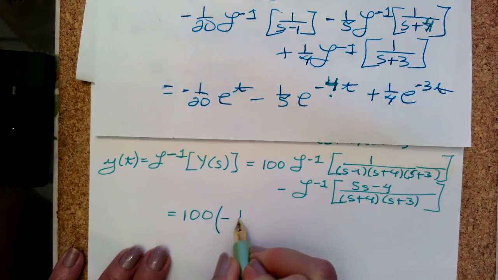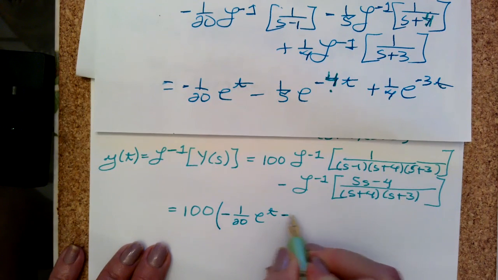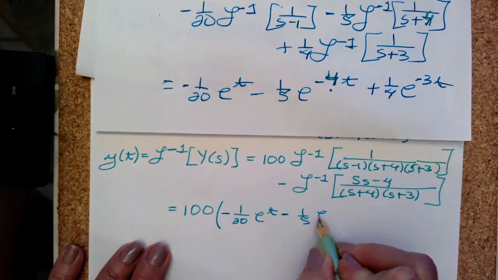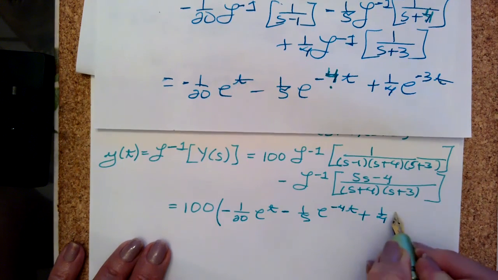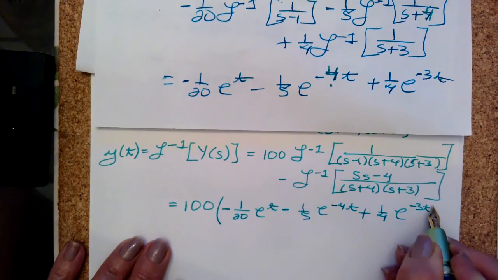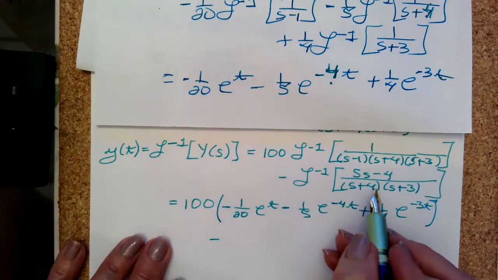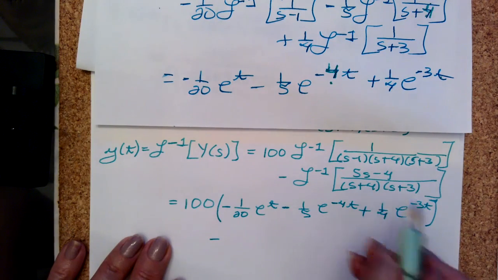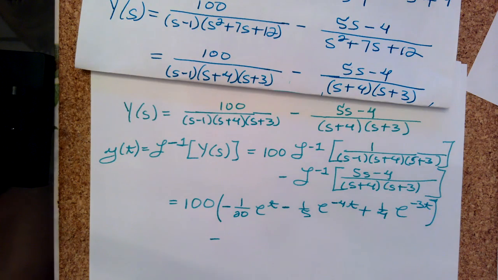So that is minus 1/20 e to the t minus 1/5 e to the minus 4t plus 1/4 e to the minus 3t, minus the inverse Laplace transform of the term we just found.